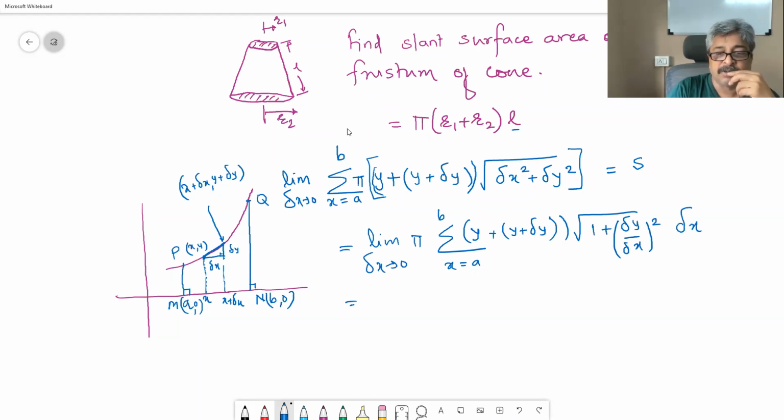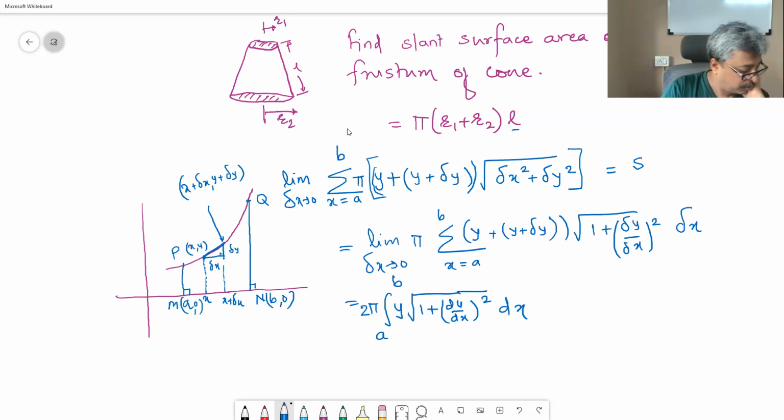Now this is equal to pi times the definite integral from a to b. As delta x tends to 0, delta y will tend to 0, and hence it will be 2 times y radical 1 plus dy by dx bracket square dx.